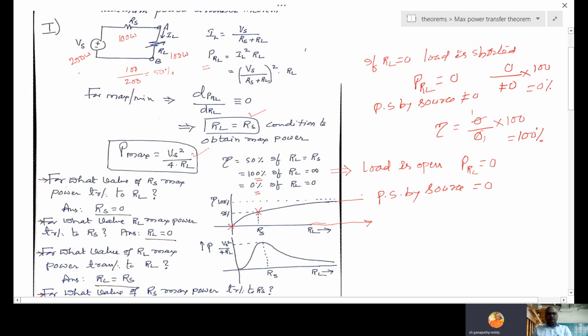This line will touch the 100% line when RL equal to infinite, so we get this point at infinite. Now join these three points. It is increasing exponentially. So this is efficiency versus RL.